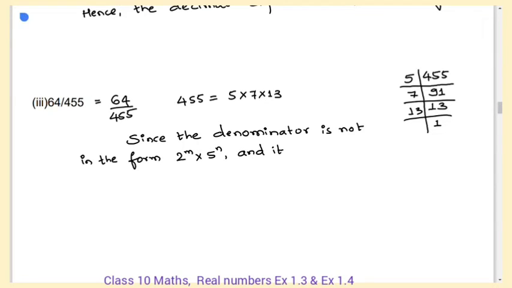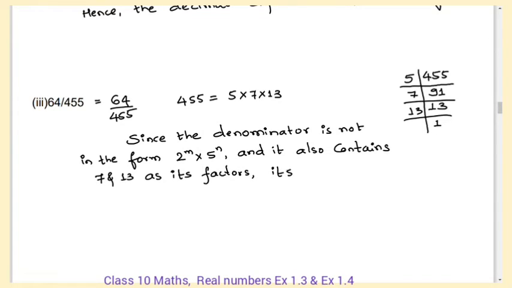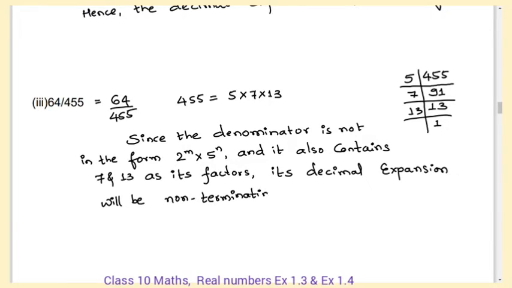Since the denominator is not in the form 2 raised to m into 5 raised to n, and it also contains 7 and 13 as its factors, therefore its decimal expansion will be non-terminating, repeating.